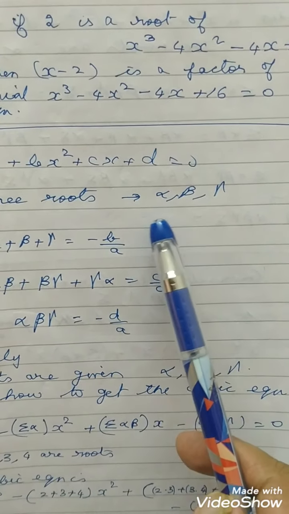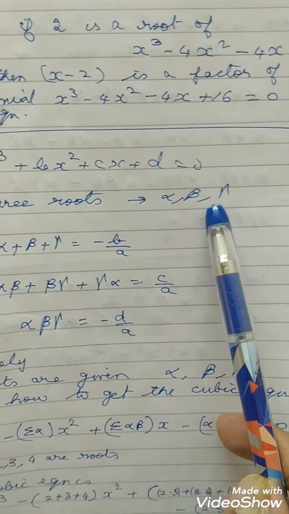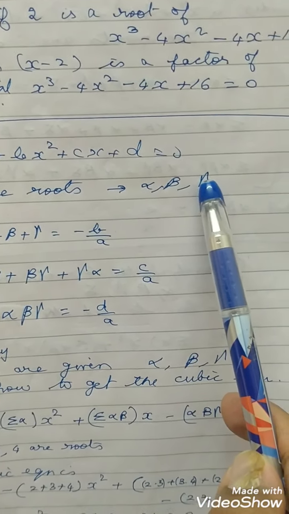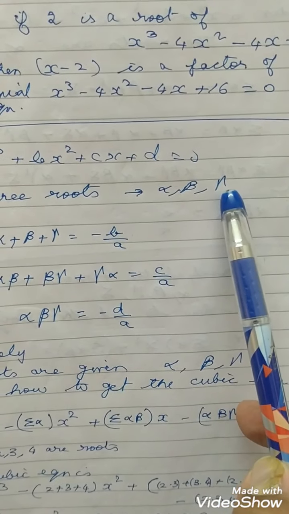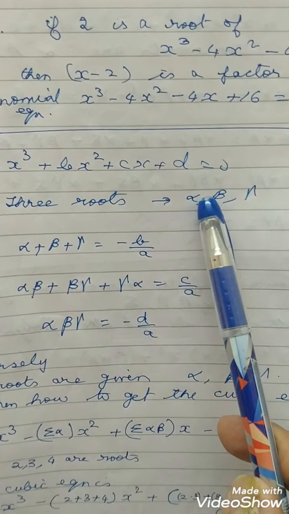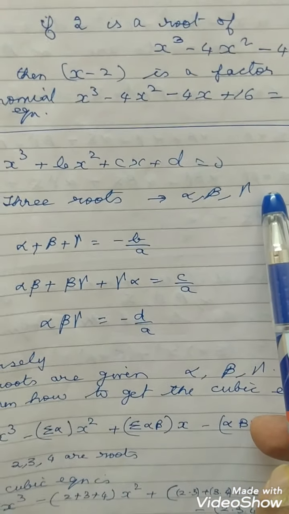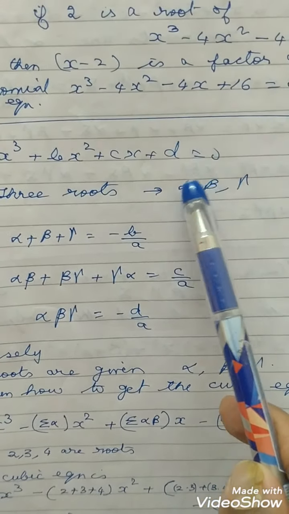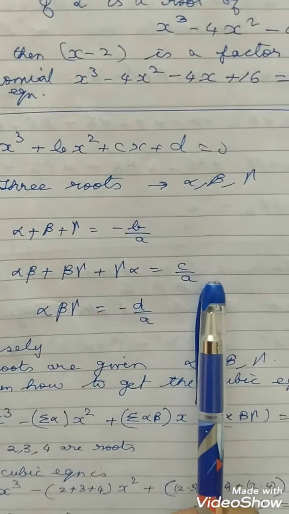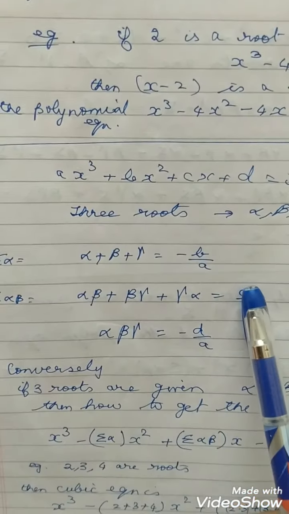So what is the product of the roots in pairs? Alpha into beta, alpha into gamma, beta into gamma. The summation of the product of the roots in pairs, in twos: alpha beta, alpha gamma, beta gamma. When you do that, you get it as c by a. And what is that going to be?